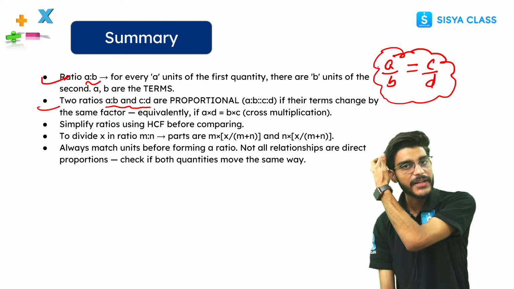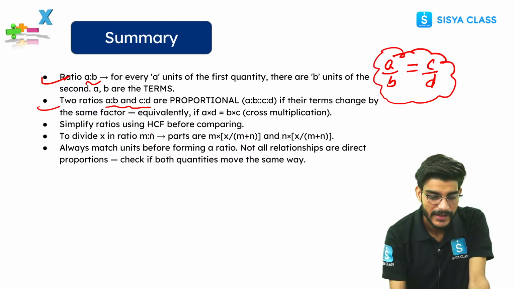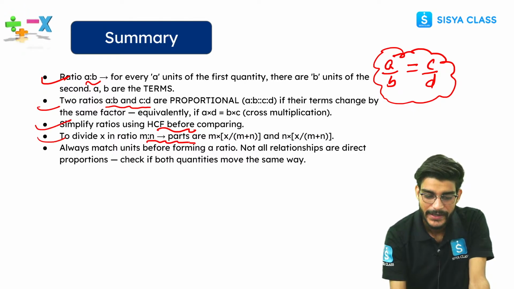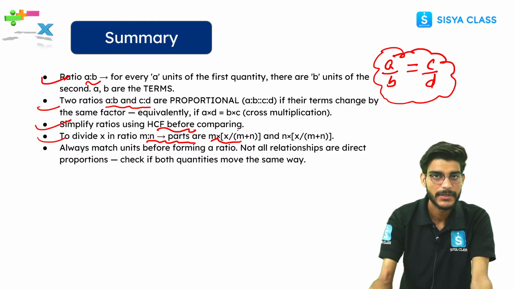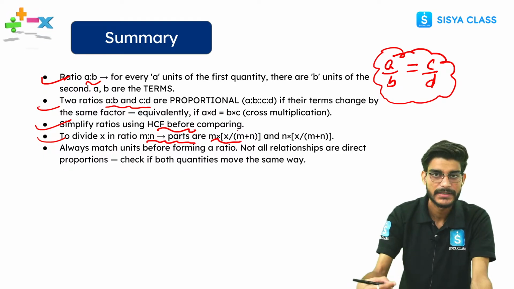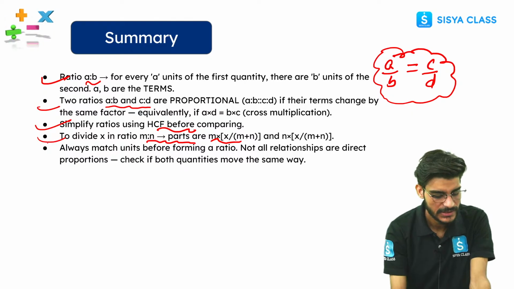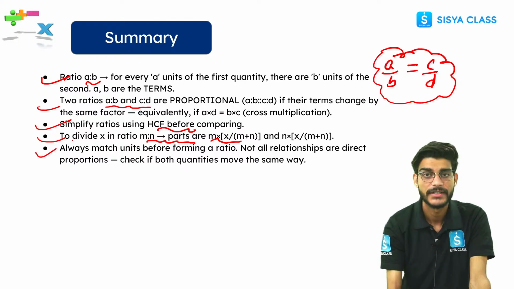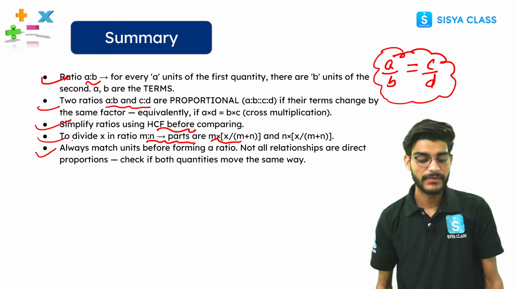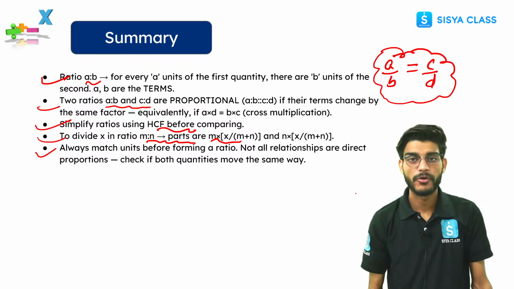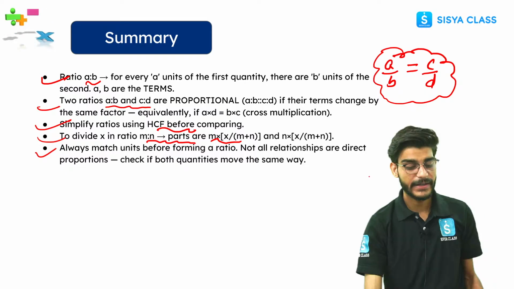That's it. The third one is to simplify ratios, using HCF we have done. To divide x in the ratio m:n, how can we divide it? Obviously m into x divided by m plus n. You don't need to remember this, just catch the concept and you will get everything. And the last one is that you have to check the units as well, and also check whether the relationship is direct or inverse.